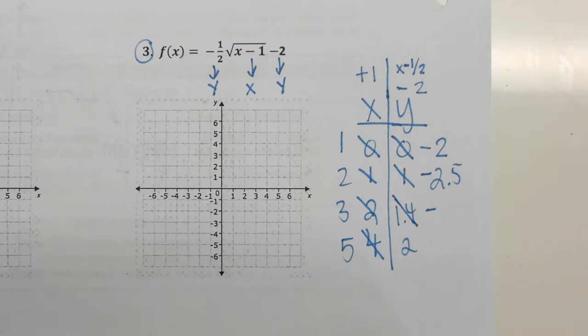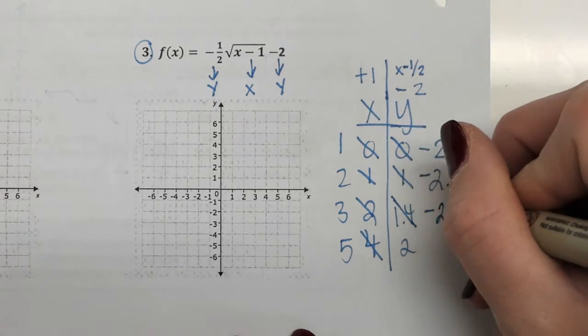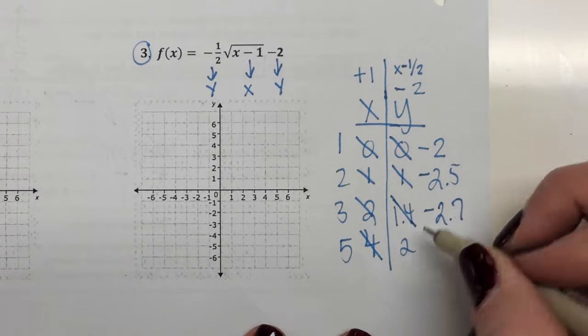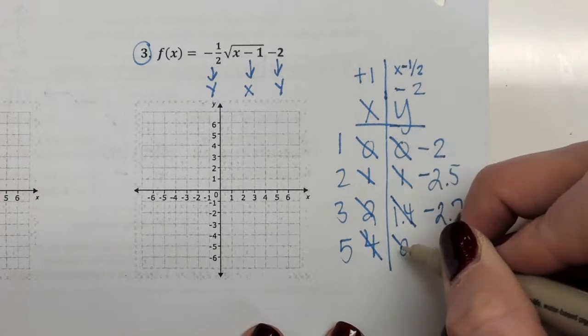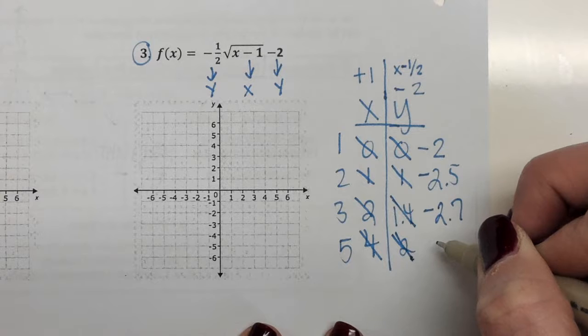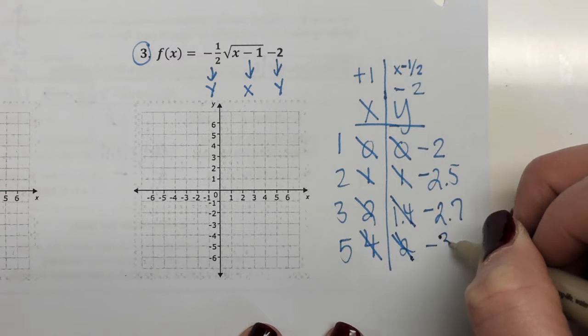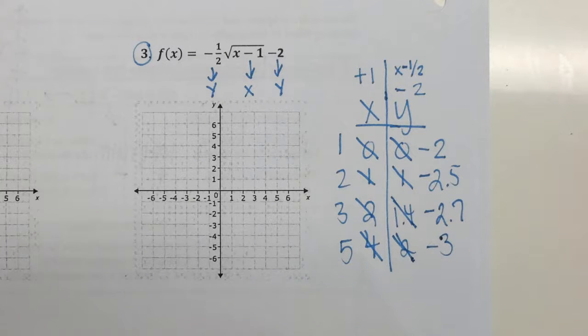Come on. Yes, that's what I was looking for. Make sure that when you're doing this, you're multiplying it by negative 1/2 instead of dividing. What's 2 times negative 1/2? Minus 2? Negative 3. Good. Questions about those values? Go ahead and graph them.